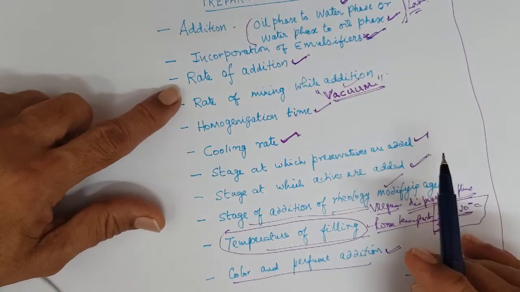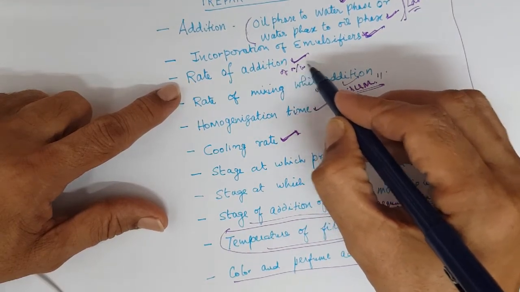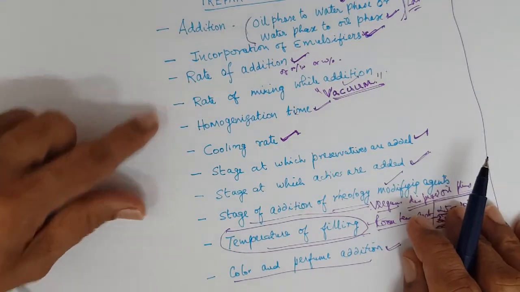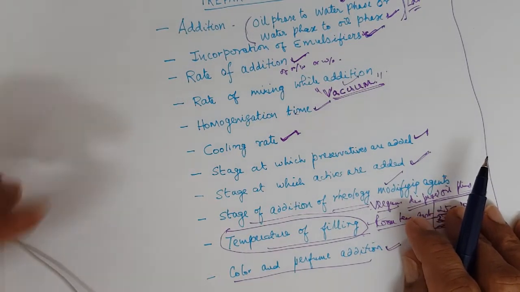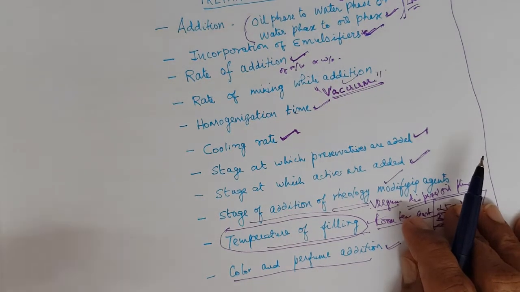Rate of addition of oil to water or water to oil. This comes mostly in the pilot plant stage. If the oil phase is added to the water phase, what is the rate of addition? Can we just dump the entire oil phase into the water phase very fast, or do we have to maintain a certain rate?